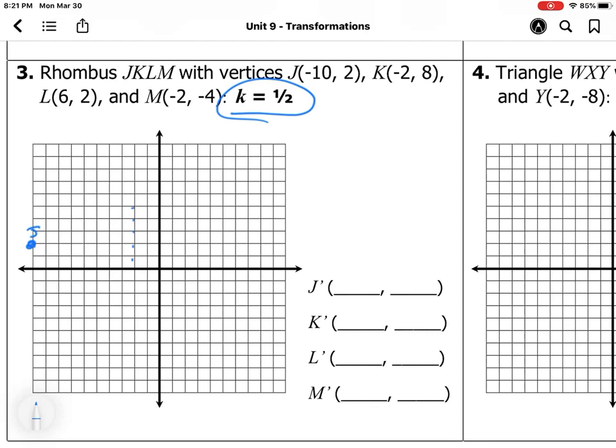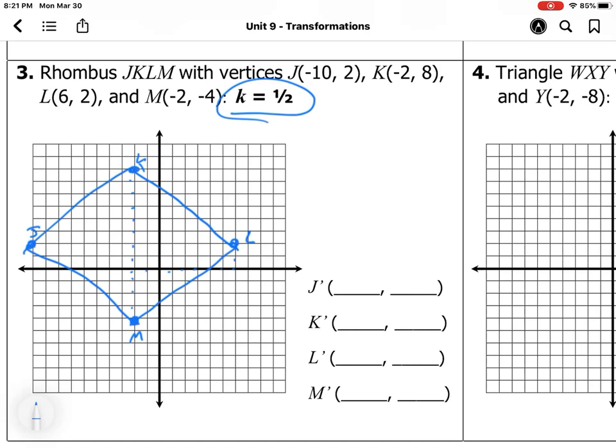L at (6, 2). And then M at (-2, -4), right? We can go ahead and connect this, and this is our pre-image.